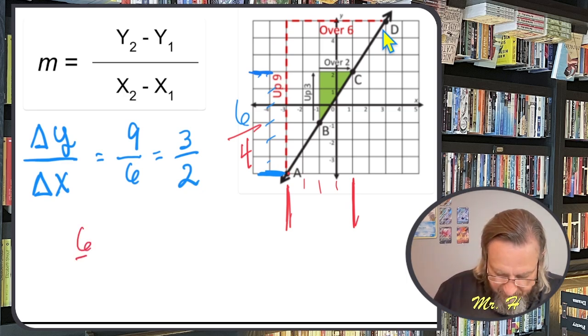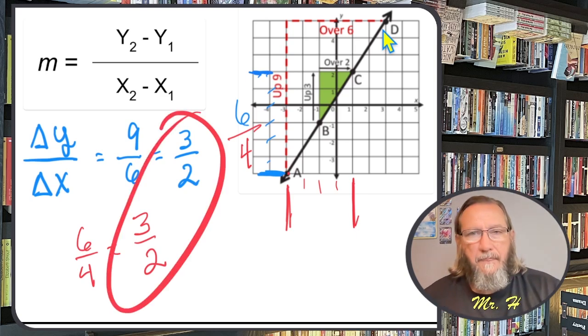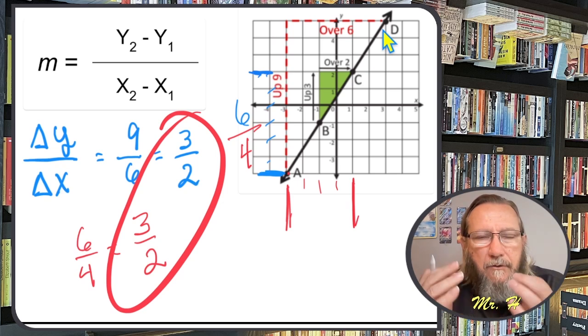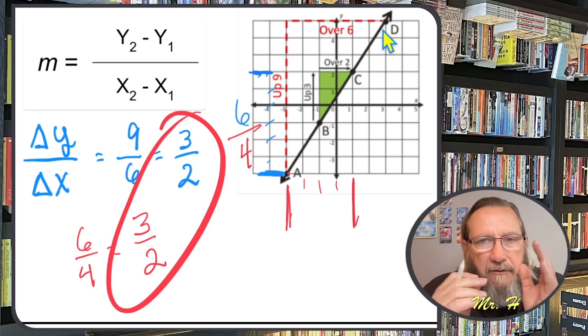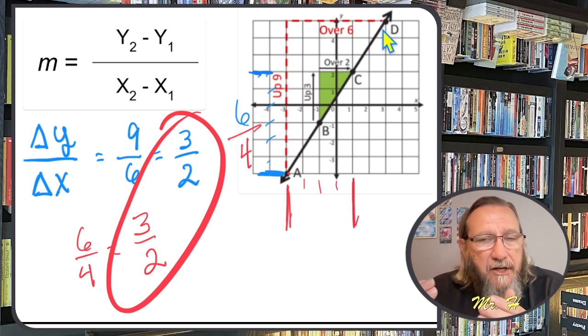And 6 over 4, both of those numbers divide by 2, is 3 over 2. You get the same answer. Okay? It doesn't matter which 2 points you select. You just pick 2 points, calculate the delta y, the change of y, calculate the delta x, the change of x, and write the fraction, and you're done.